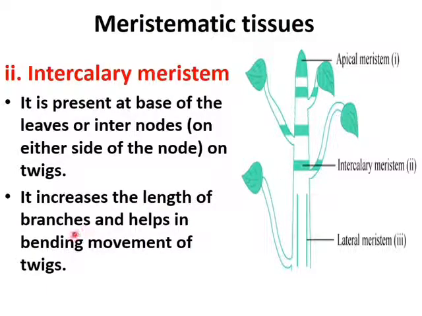Now what will be the function of this type of tissue? Its function is to increase the length of branches and helps in bending movement of twigs. Because it is present at the base of the leaves, that is why it increases the length of the branches, and it also provides the easy bending of the twigs. So it is a second type of meristematic tissue.